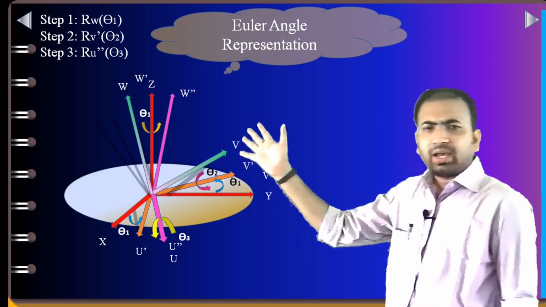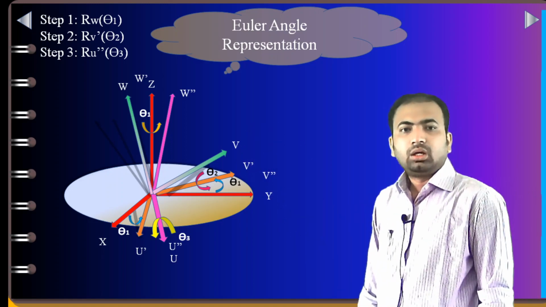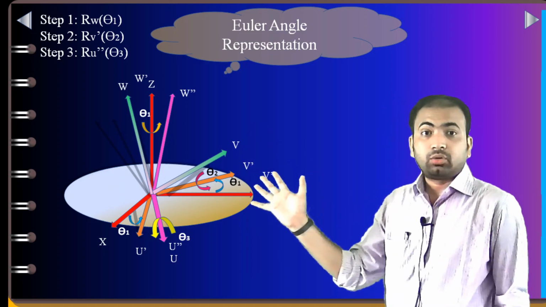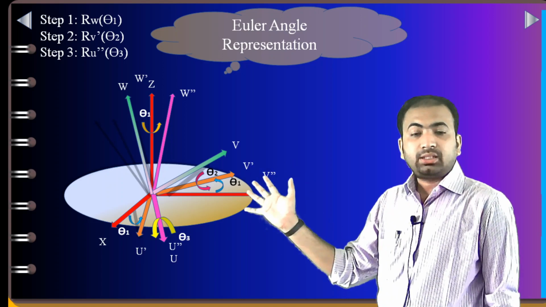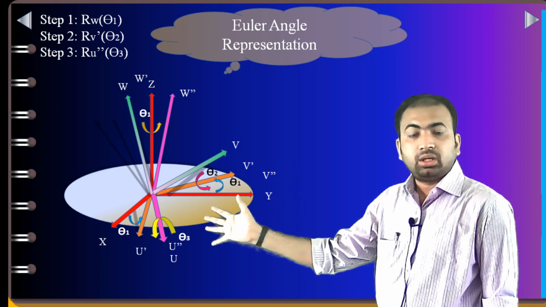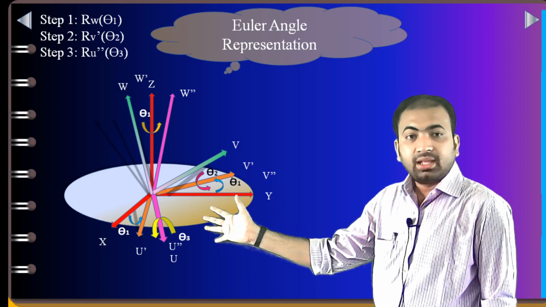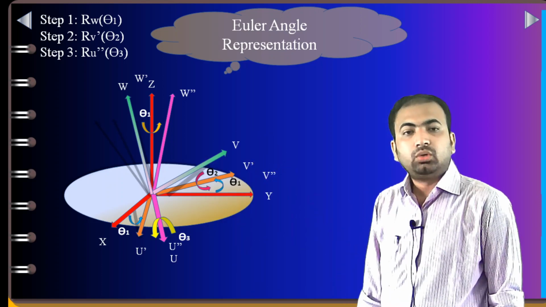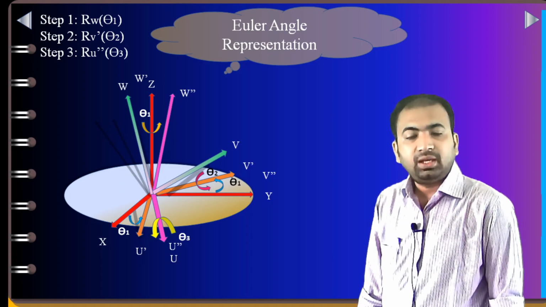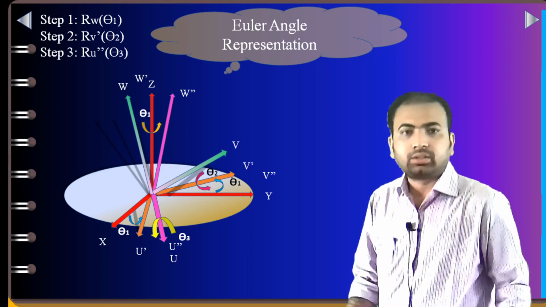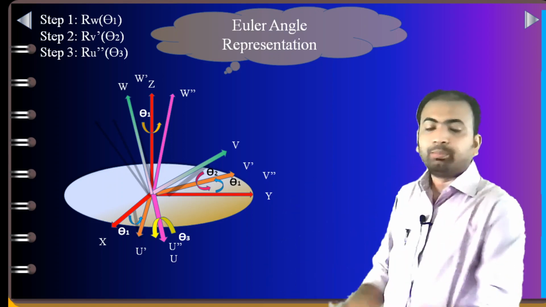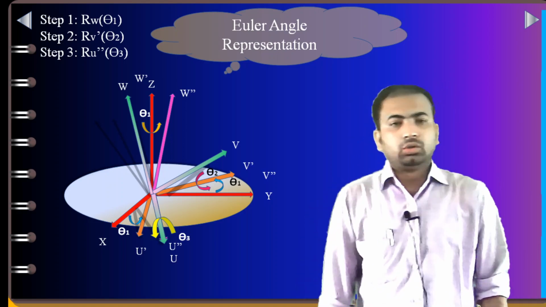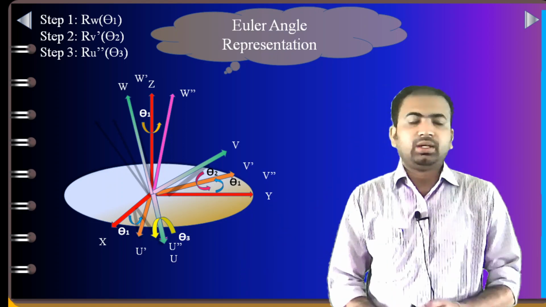Now the final one you can see here, after rotation of u dash, the third is u dash, we have to rotate by an angle theta 3, and finally this green color will show you the final u v w matrix or frame, okay. So this is our final UVW frame.